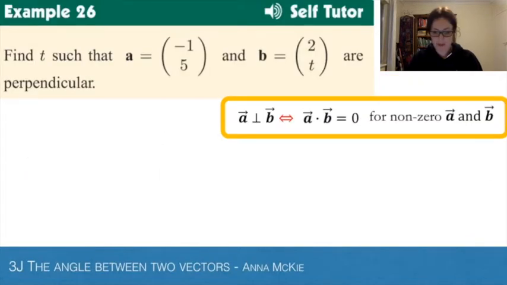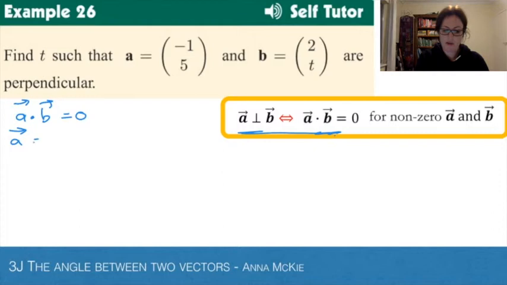Okay, doing some examples now. If we're asked to find t such that vector A and vector B are perpendicular, how could we find t? The fact that we've got is that if the dot product turns out to be 0, the vectors by default are perpendicular, and that will help us work out what t is. The way I would set this out is that if the dot product of A and B is 0, I would write my vectors with square brackets because I find that easier to work with, each to their own though.